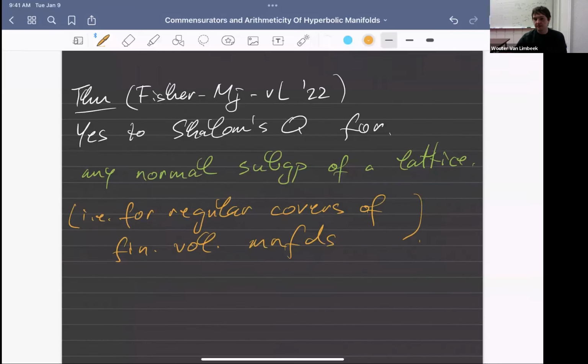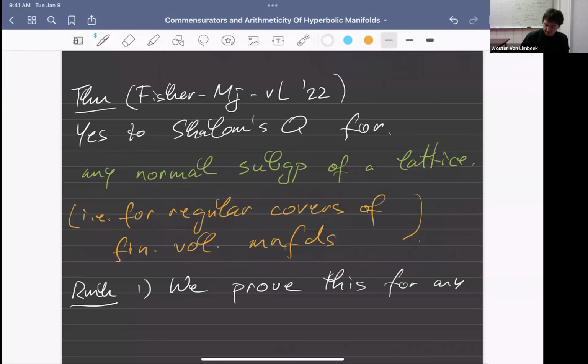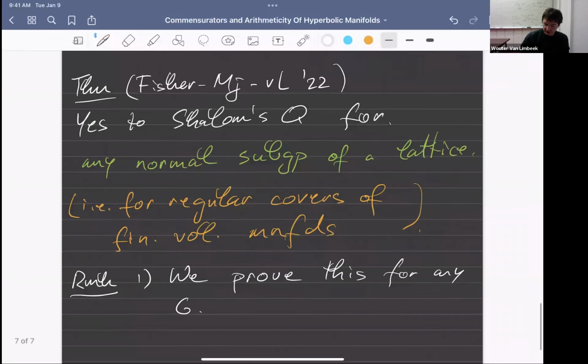Let me take a look at the time. Okay, yeah, so some remarks are in order. This works for any G. We prove this for any semi-simple G. But the only choices of G for which you actually have normal subgroups with infinite quotients are the rank 1 groups.